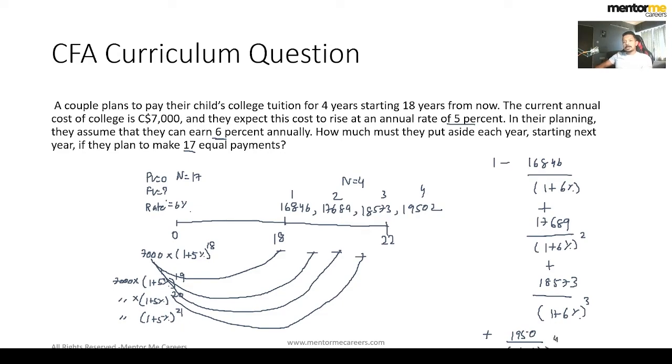You might want to actually use the cash flow function. This can be done very easily in a CF function, so do try it out. Otherwise, you can do it manually also, but it's gonna take too much time. So finally, the answer which comes up by adding this, you can calculate by yourself.